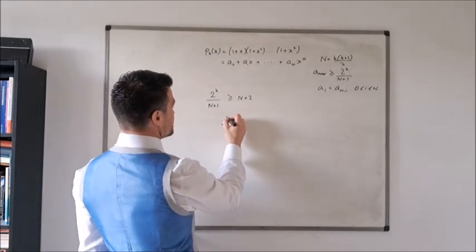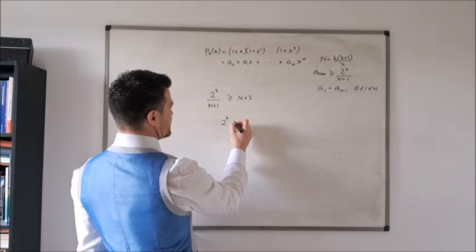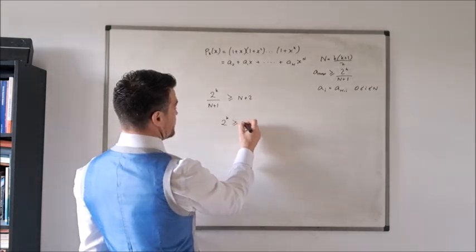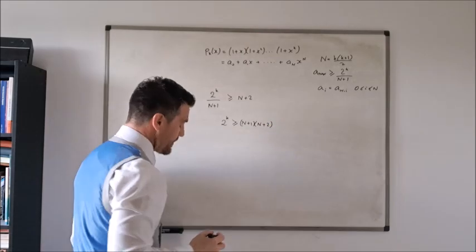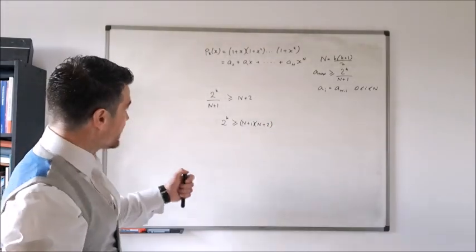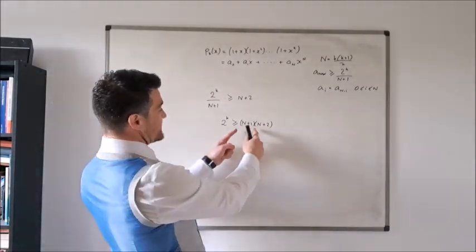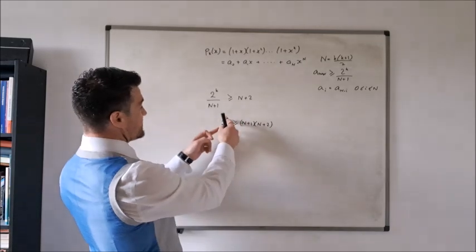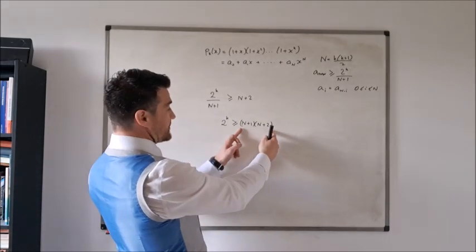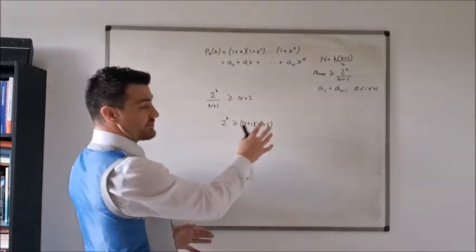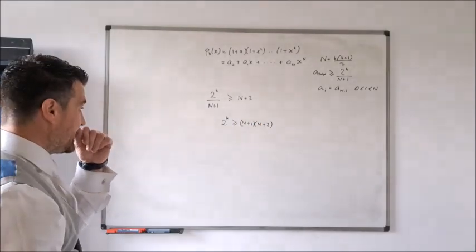That would require 2 to the power of k to be greater than or equal to (n+1)(n+2). Because if 2 to the power of k is greater than or equal to (n+1)(n+2), then dividing each side by n plus 1, we're just left with the n plus 2 here.